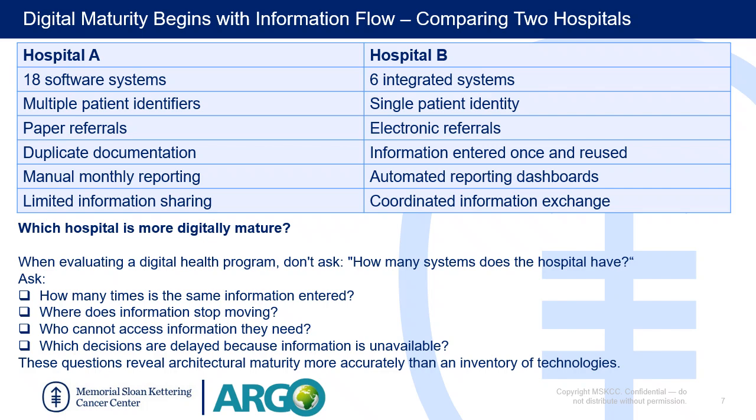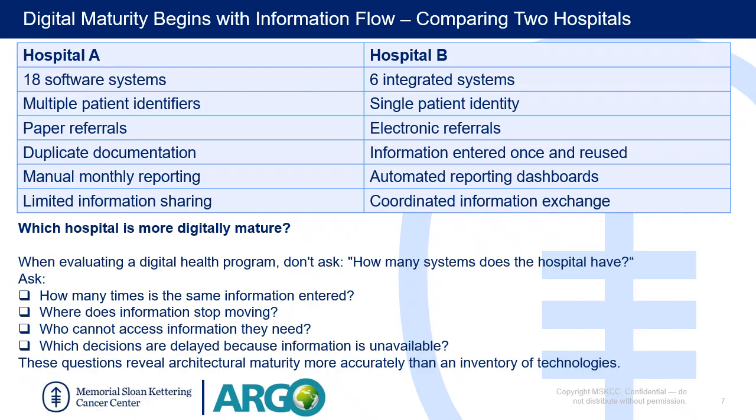And my point here is that when we evaluate a digital health program, the idea is not how many systems you have. That shouldn't be the question. The question should be how many times is the same information entered, right? Do you go to the lab and enter the demographics of that patient, and then you go to registration, or you go to registration first, and they collect the demographics, you go to the lab and they collect the exact same information?